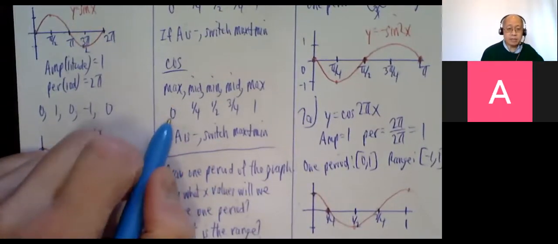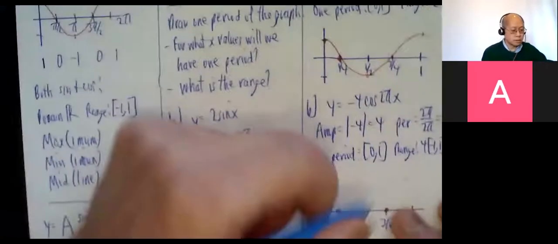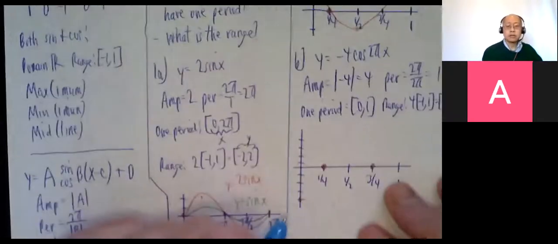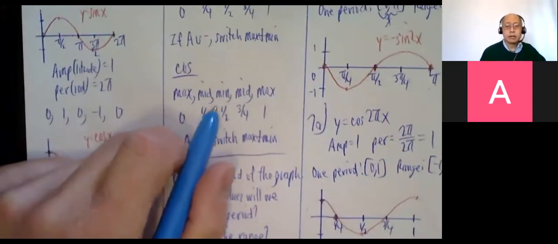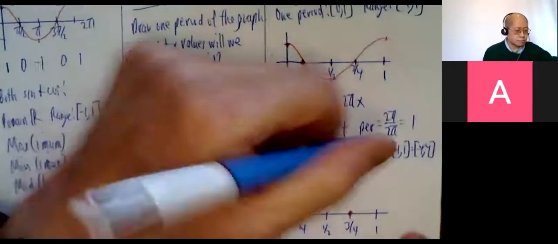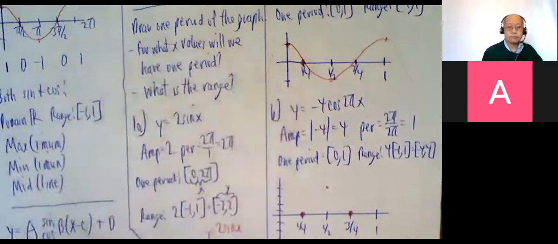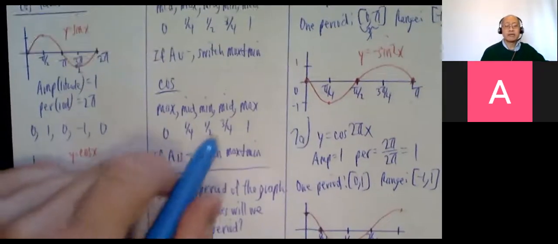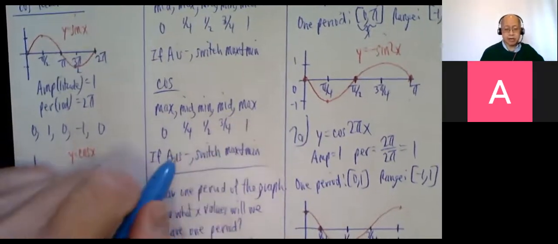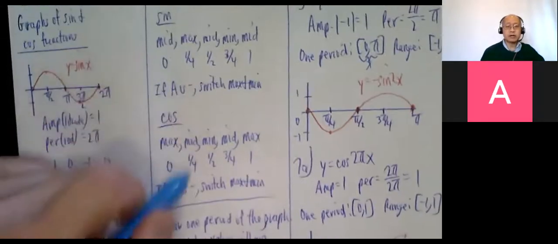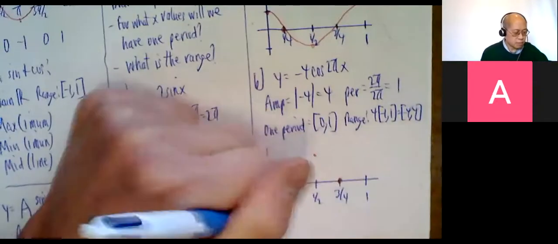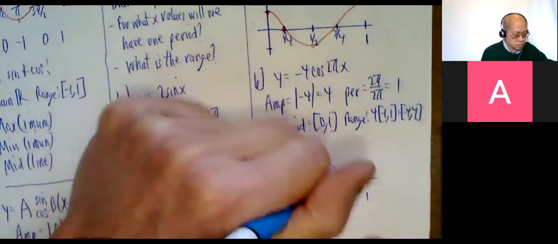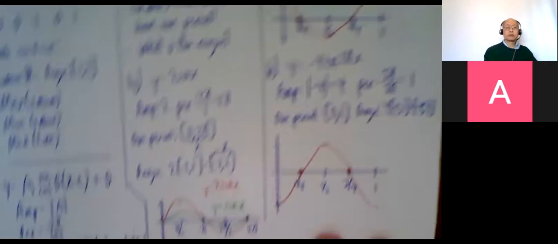So I start at the bottom this time, -4. Halfway, it used to be the minimum, now it's the maximum. And at the very end, maximum becomes min. So again, anytime A is negative for either sine or cosine, switch max and min, but the midlines stay the same. So there we go.